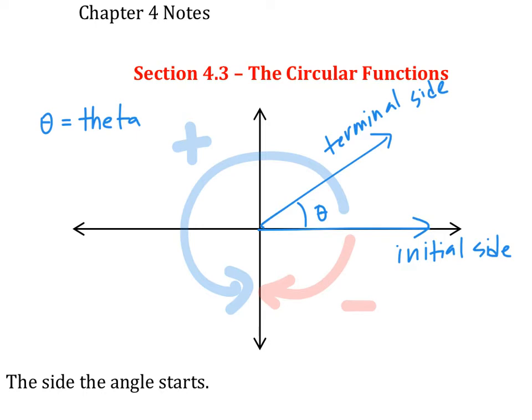Okay, let's see how much you guys remember from Algebra 2. Can you give me 30 degrees with your hands? Two hands though. About this much, right? What's another angle that is 30 degrees, that ends on the same side?